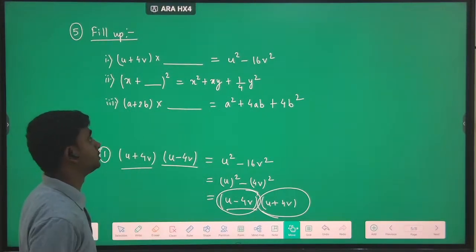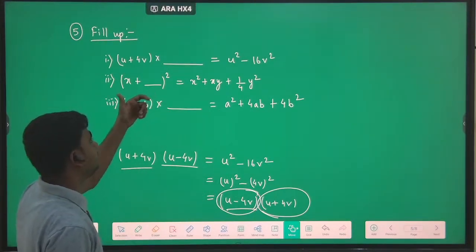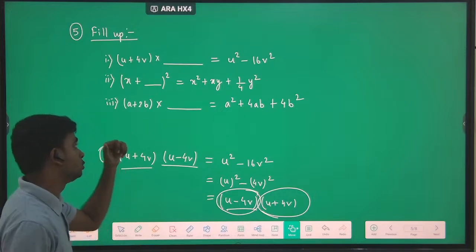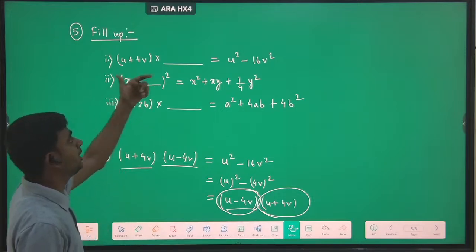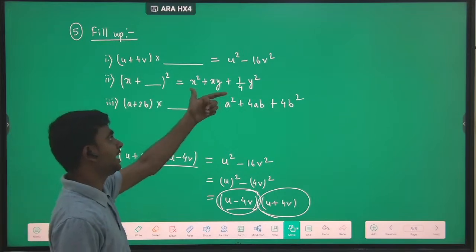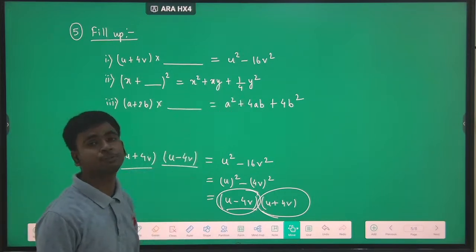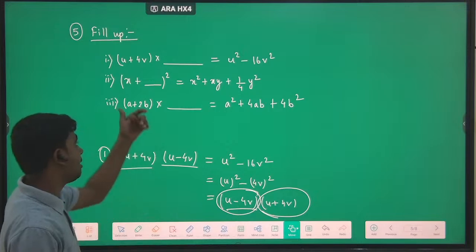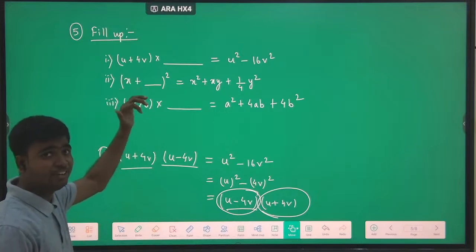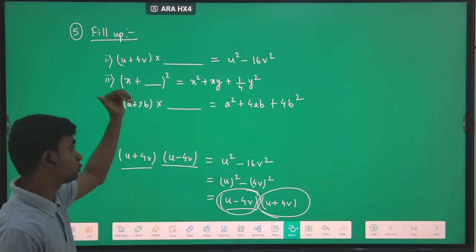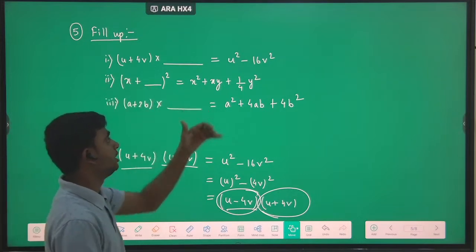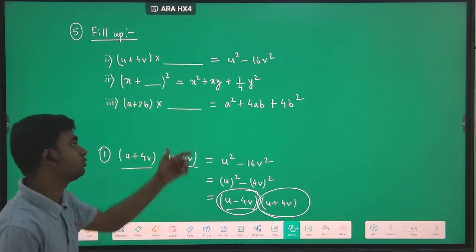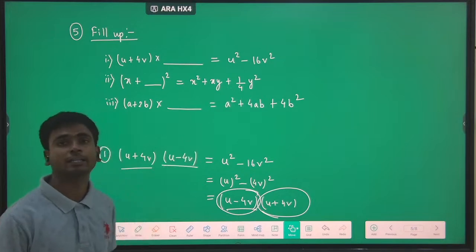Now our next question. What will be added with x? So when we will square this, we will get the value as x square plus xy plus 1 by 4 y square. So we have to add something with x and square it after that, and we will get the value as x square plus xy plus 1 by 4 y square.